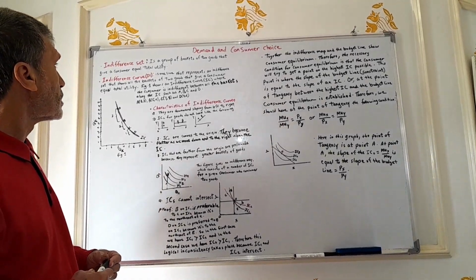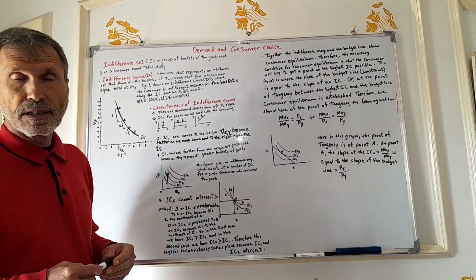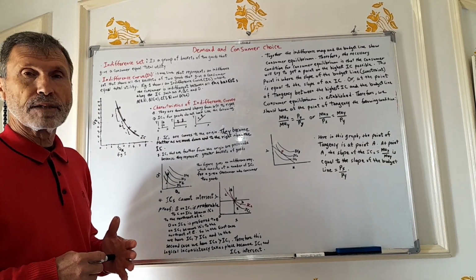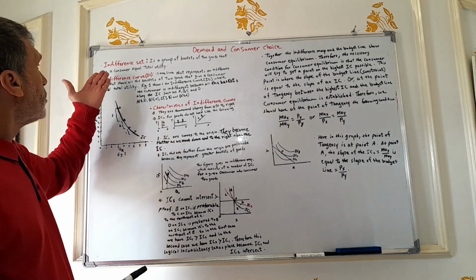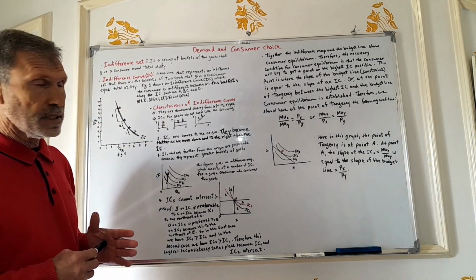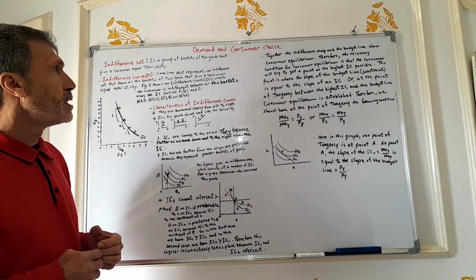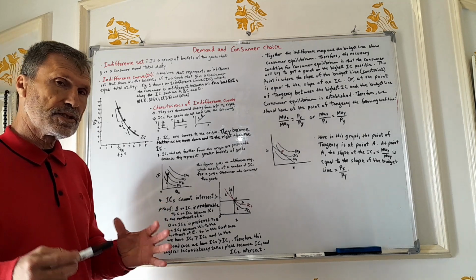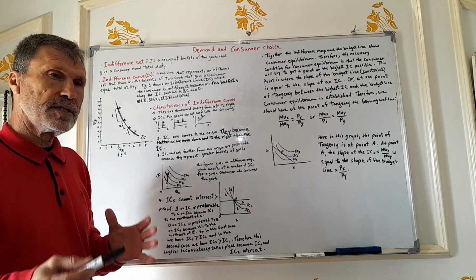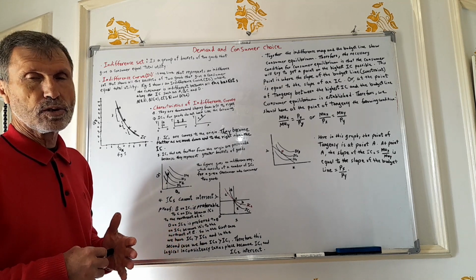Now, of course, we will present other concepts in this chapter. We see indifference set. An indifference set is a group of baskets of two goods that give the consumer equal total utility.